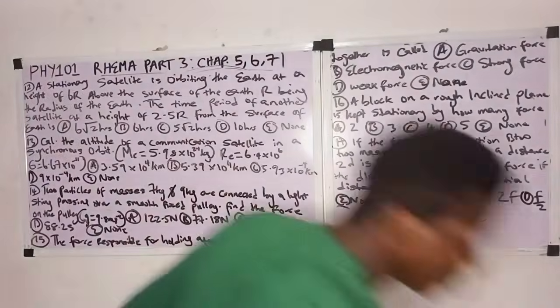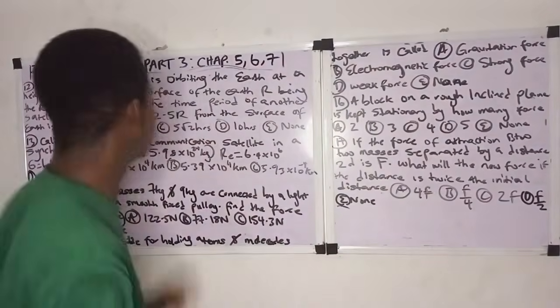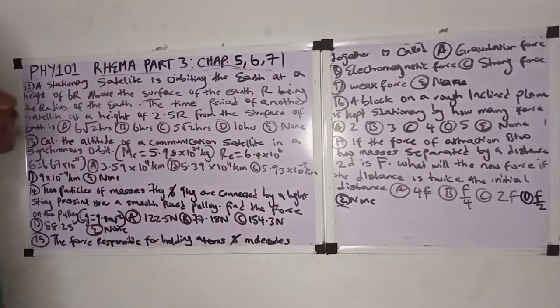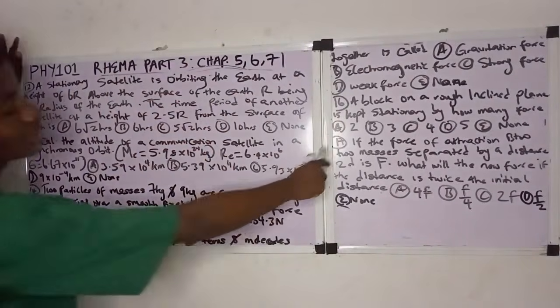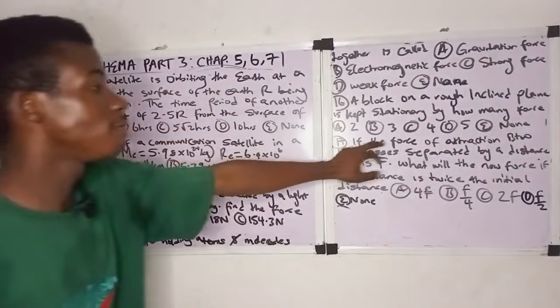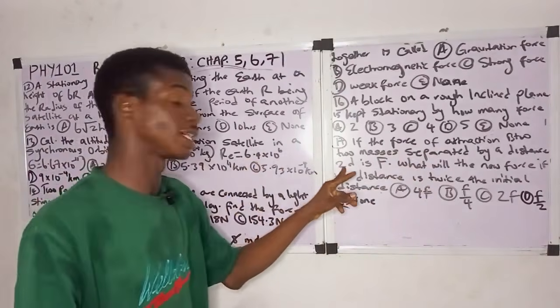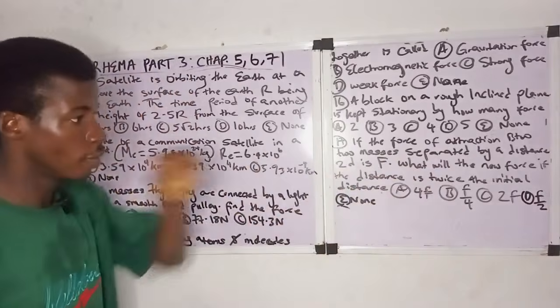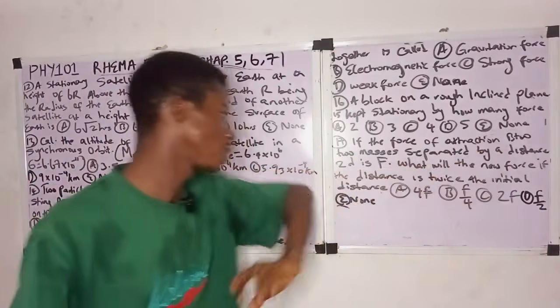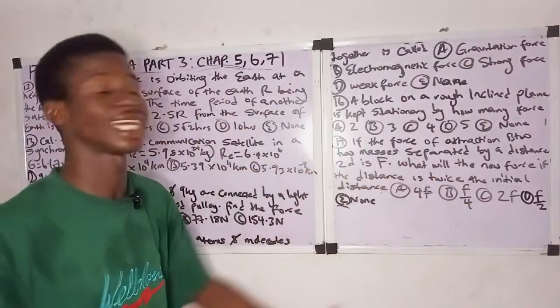All right, so let's continue with this next series of questions. Let's start with this question. They say if the force of attraction between two masses separated by a distance d is F, what will be the new force if the distance is twice the initial distance?